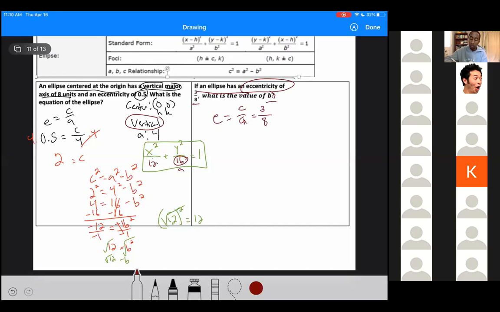And then to find B, you would just be using this formula, right? So you would have 3 squared equals 8 squared minus B squared. And then you would just solve for B. That's what it's asking for. We won't have to solve that because that's what we've been doing, but just to make sure you know how to set those up because that comes up in the practice on this topic.